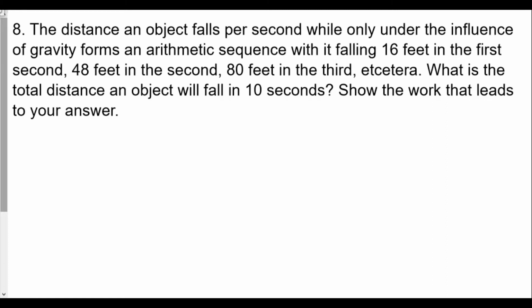What it comes down to is we must figure out what distance this object will fall from the 9th to the 10th second, because it's increasing over time, and then we want to add them all up together. So take a look at these numbers. It falls 16 feet in the first second, 48 feet in the second, not meaning after 2 seconds, but in the second, and then 80 feet in the third.